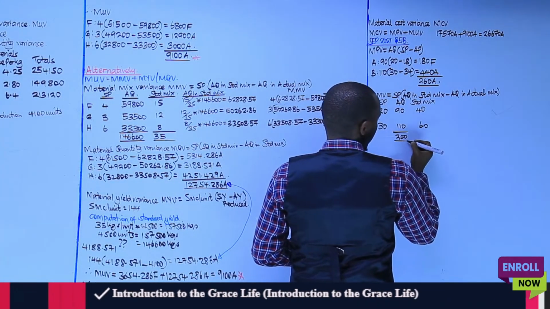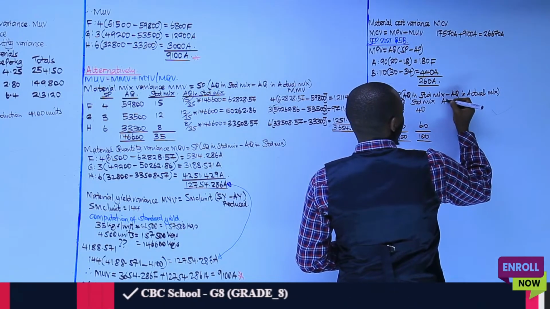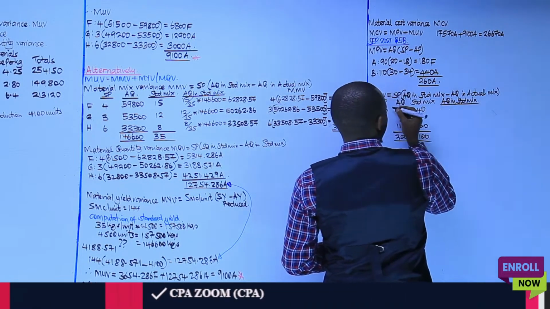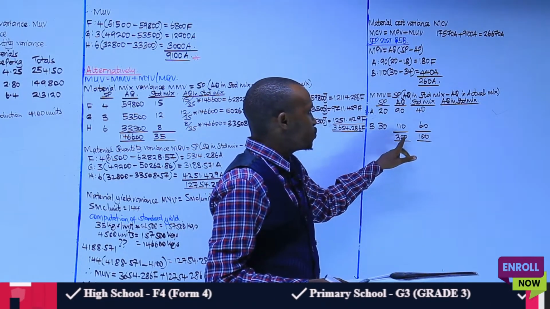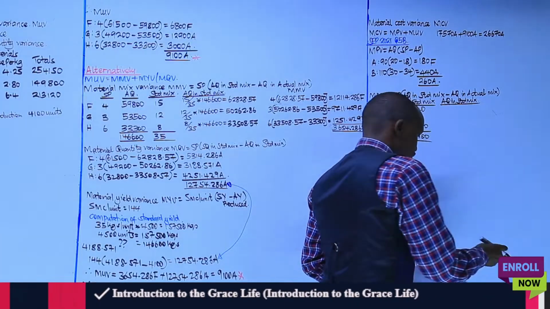That is 200. Therefore, actual quantity in standard mix, you simply share the actual quantity using the ratio of your standard mix.